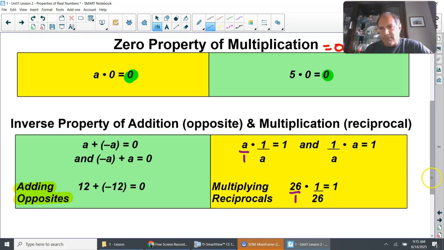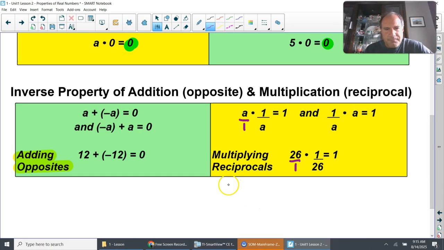So I'll just give you another example. Let me just start with 3. 3 times 1 over 3 would be 3 over 3, because you multiply numerator times numerator and denominator times denominator.